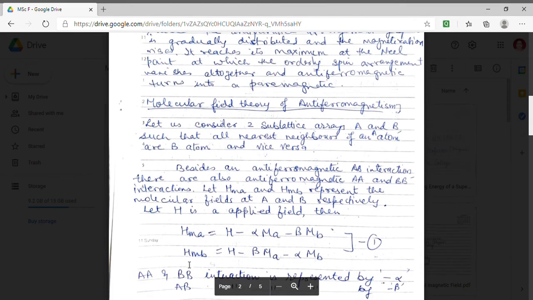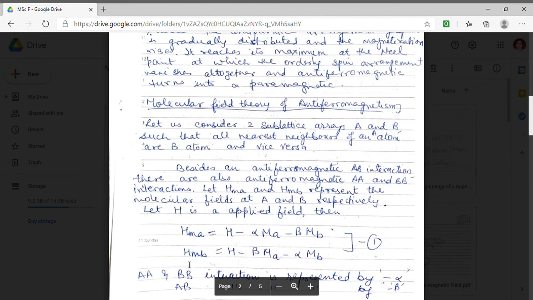Since the interaction is antiferromagnetic, we will denote the interaction by minus alpha and minus beta. Let AA and BB interactions be represented by minus alpha, and AB interaction be denoted by minus beta.